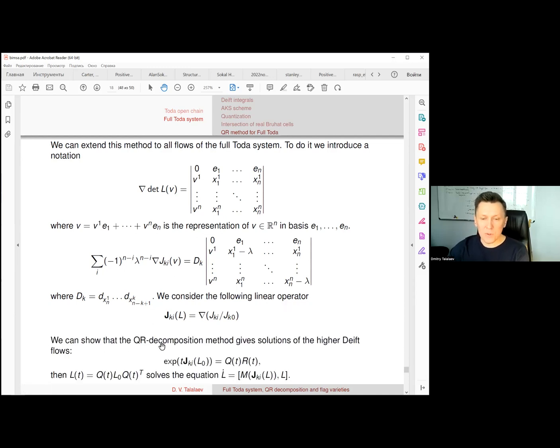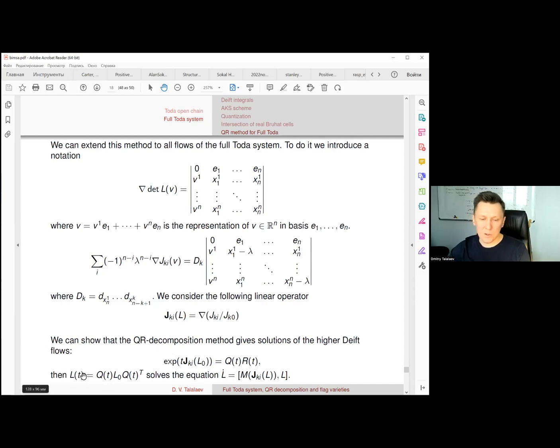So we showed that the QR decomposition method gives the solution of the higher Toda flows, of all Toda flows. To do it, we have to make a QR decomposition of the exponential where we applied this linear operator to the initial value of the Lax operator.